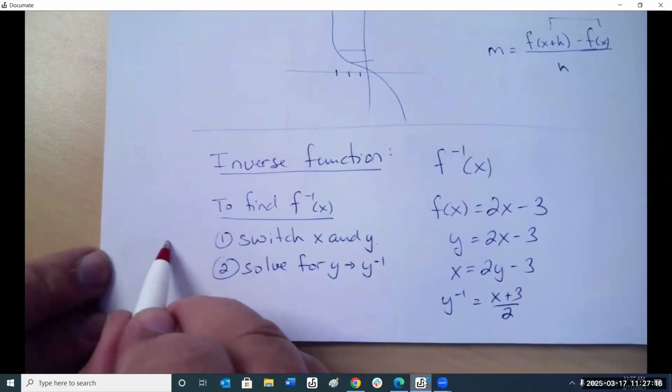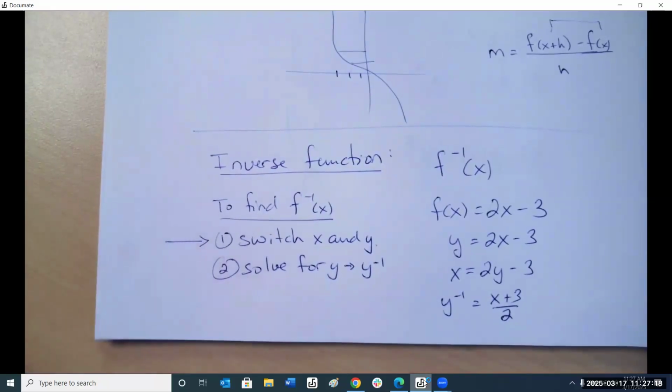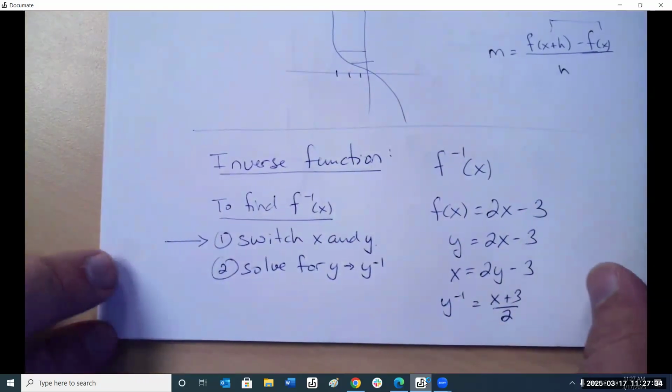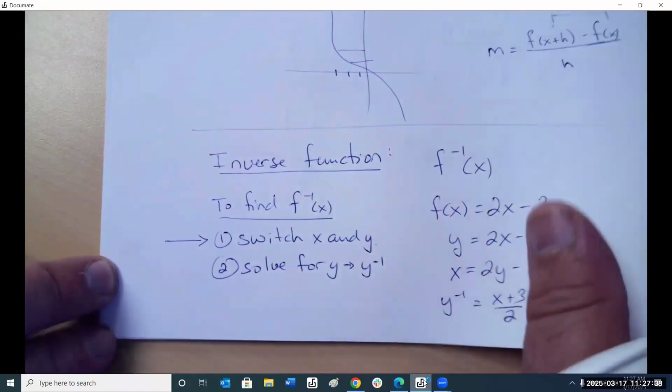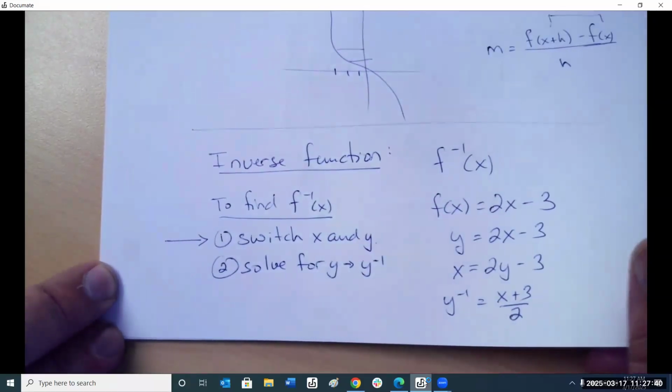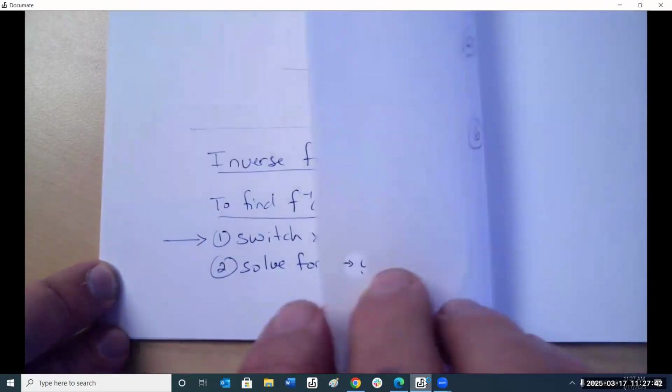And this is the crux of the whole thing. If I give you a bunch of points, how do you find the inverse of that function? Let me see the example we had a second ago with these points.